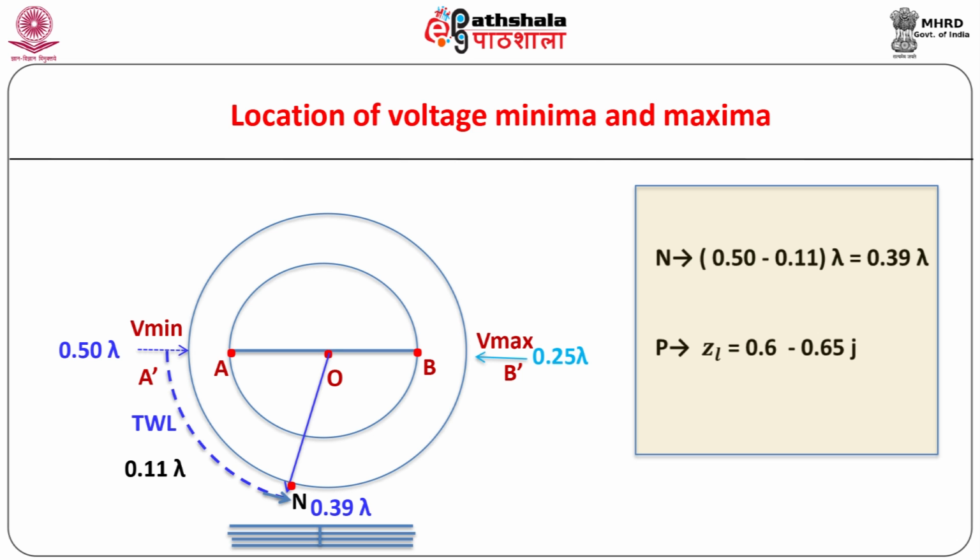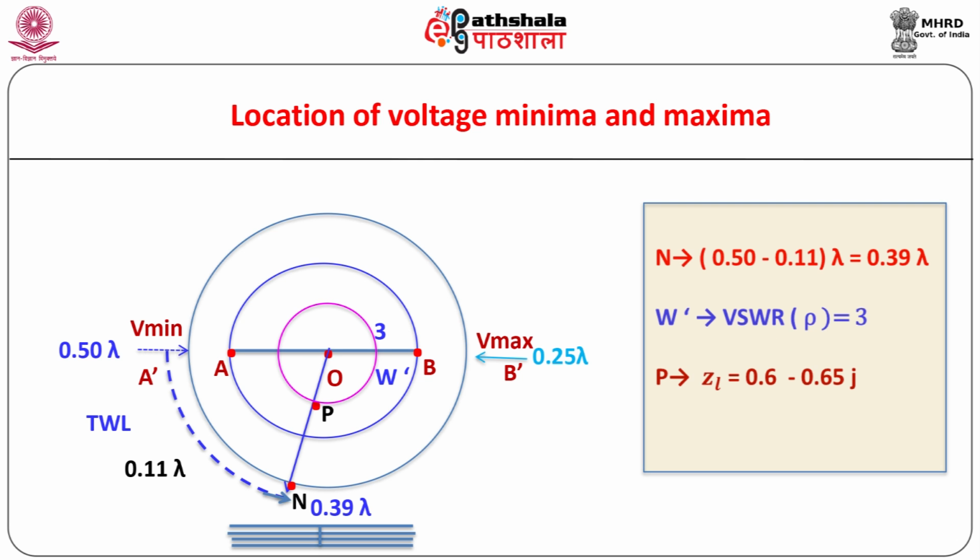Hence, from A, move a radial distance of 0.11 lambda along the distance scale towards the load, that is in the anti-clockwise sense, to reach the point N. Join the points N and O. Draw a VSWR circle, that is, the circle of radius rho equal to 3 with O as its center.